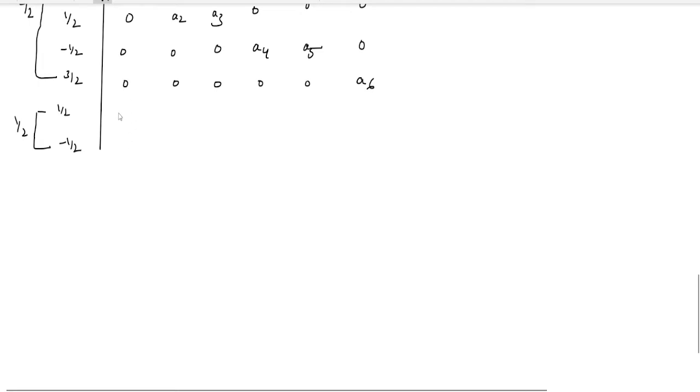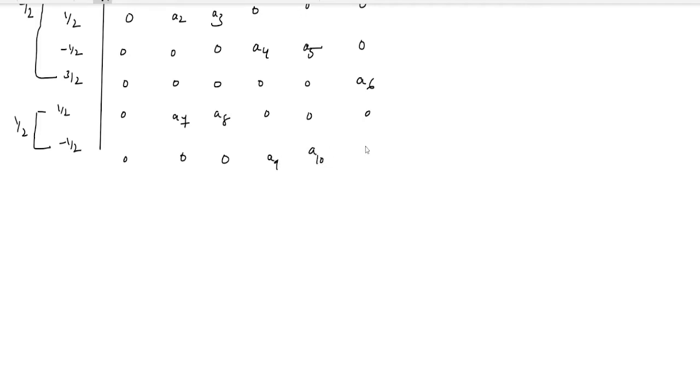Next, this one is 0, this one is 7, this one is 8, this one is 0, 0, 8, 0, 0, 0, and then 0. This is a9, this is a10.